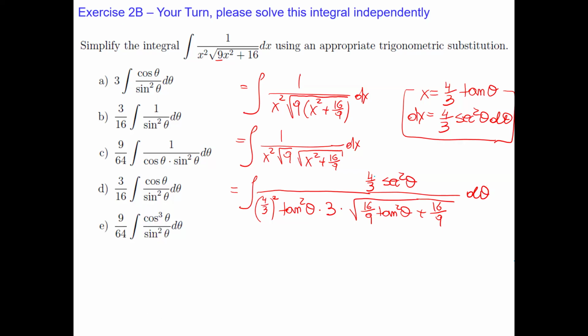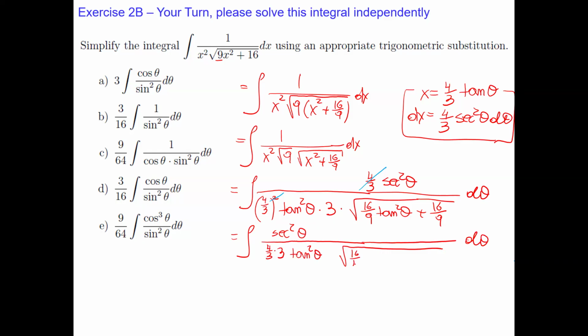Let's maybe start. I can cancel out 4/3 and squared. And for now, that's it. Oh, okay, no, let me rewrite. We will have secant squared theta. This will be 4/3 times 3 tangent squared theta. And the denominator, let's maybe simplify a little bit faster.